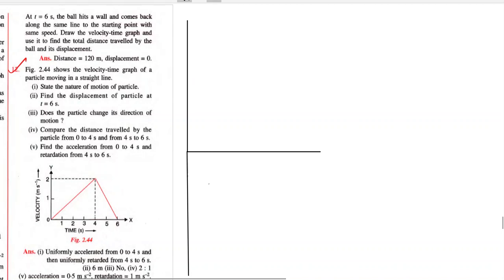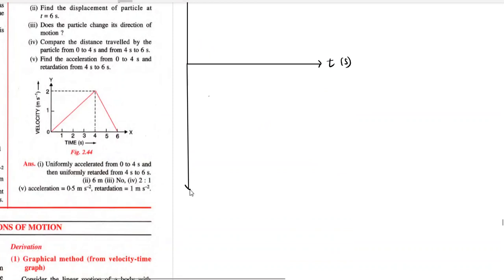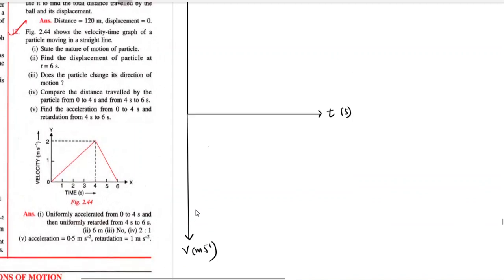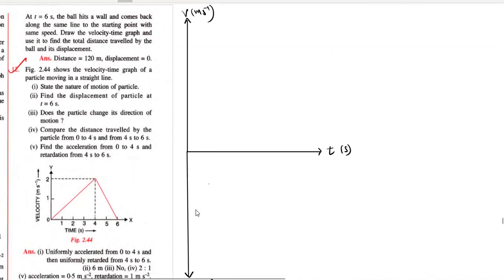Okay, let's first give numbers to our x and y axis. So this is time in seconds. This is the velocity in meter per second, right? And this is also velocity in meters per second. So this one is 0.